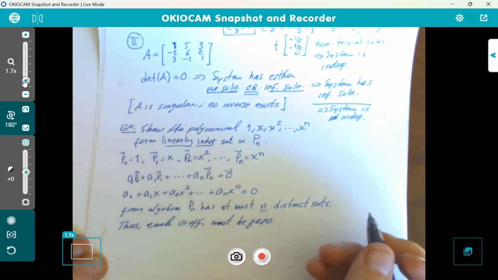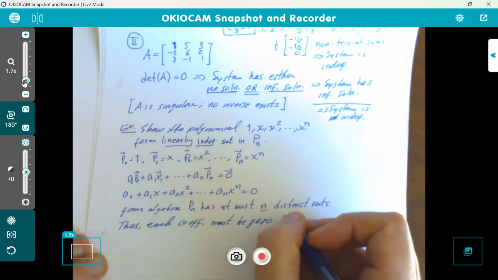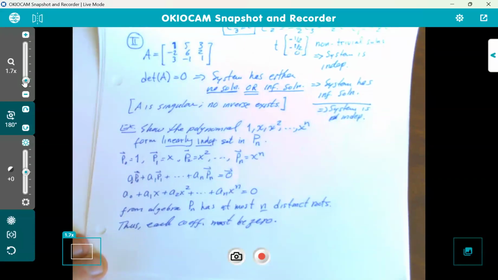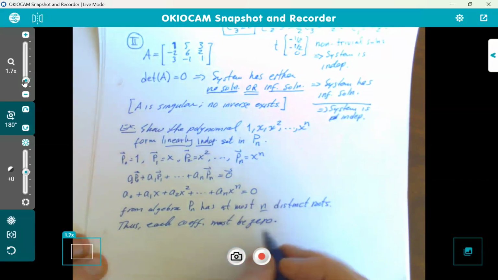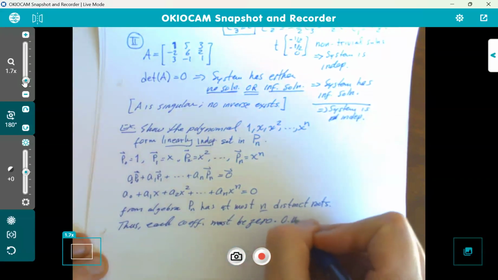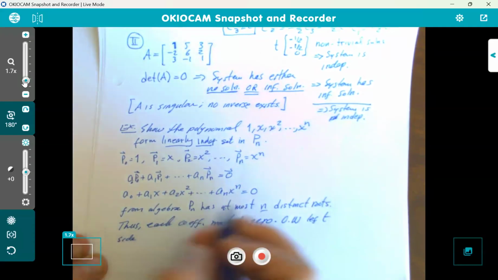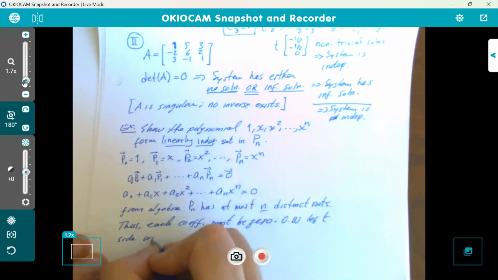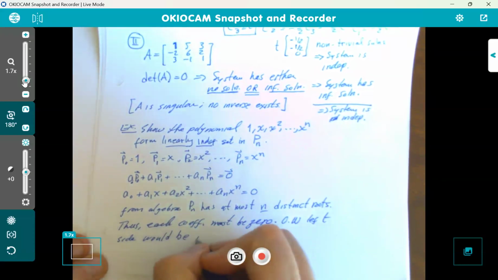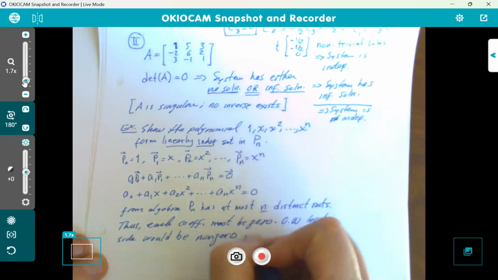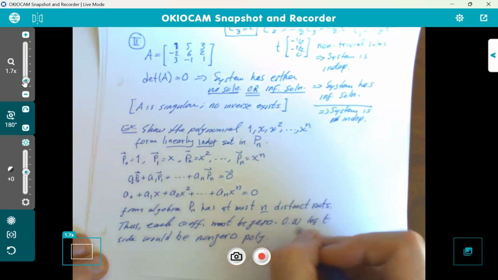Otherwise, it won't equal 0. Again, if that doesn't happen, the left side would be a non-zero polynomial. Otherwise, the left side of 0 would be non-zero. Okay, a non-zero polynomial with infinitely many roots.